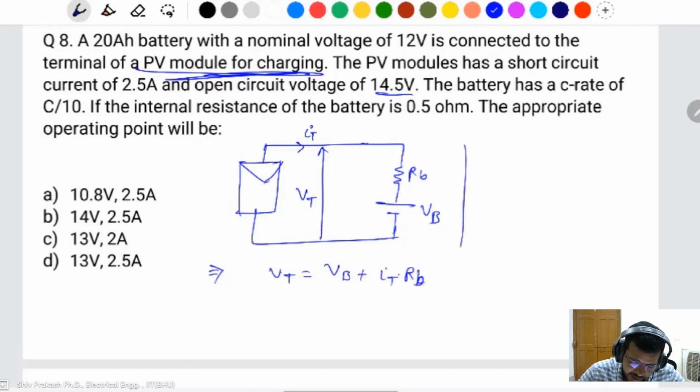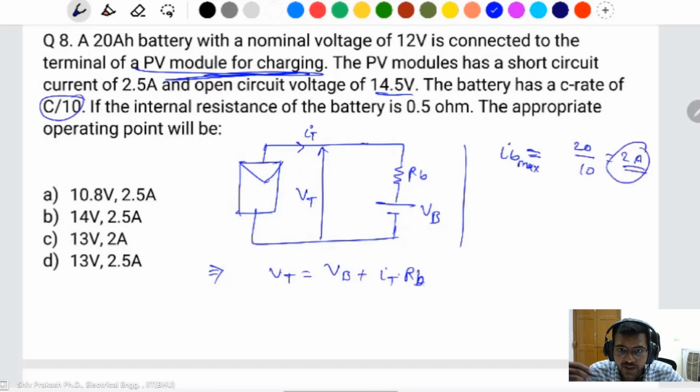At battery maximum current by C rating, the current IV maximum is 20 divided by 10, which is 2 ampere. We can't charge the battery with more than 2 ampere because of the C rating.